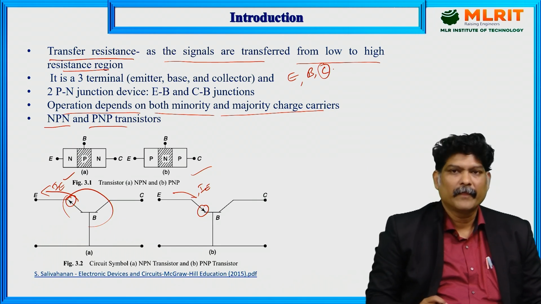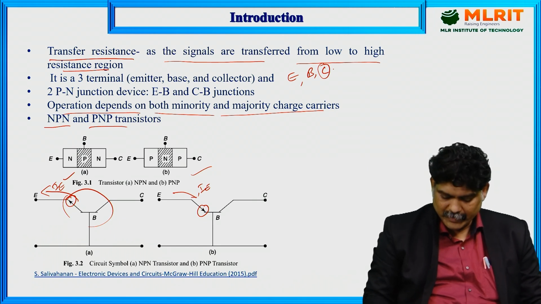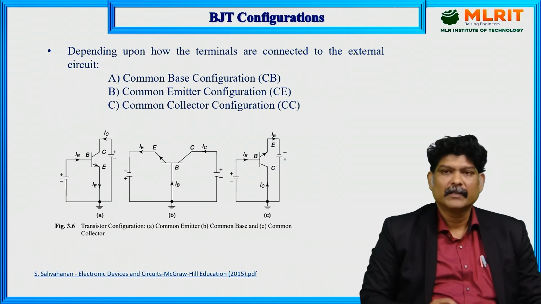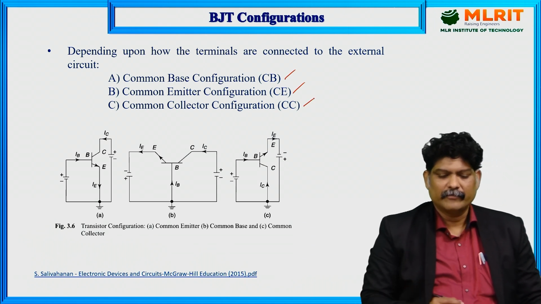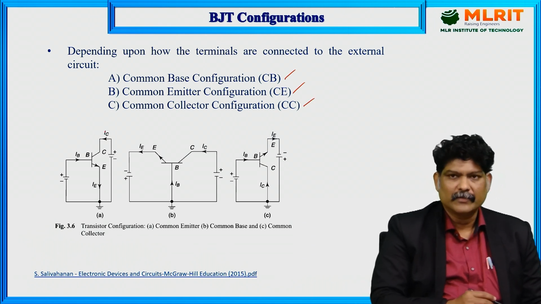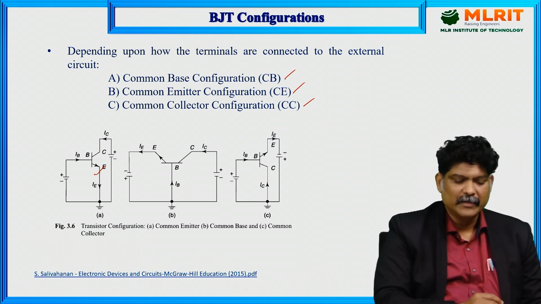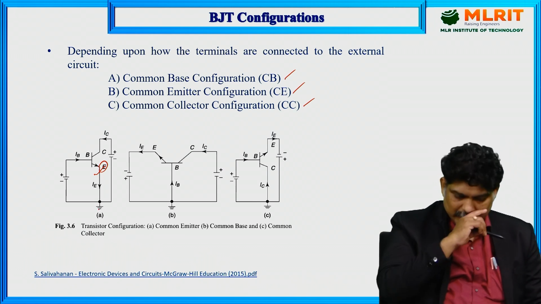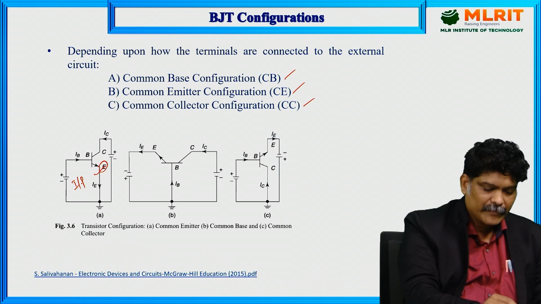Today we are going to discuss different configurations: common base, common emitter, and common collector configuration. These are the setups for the different configurations of the BJT. This is the common emitter configuration because the emitter terminal is grounded, or in other words, the emitter terminal is common to both input port and output port.